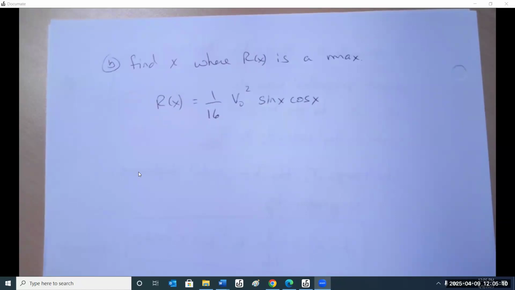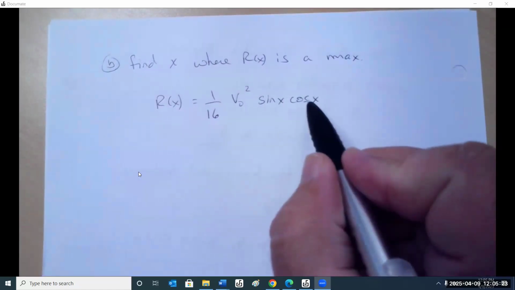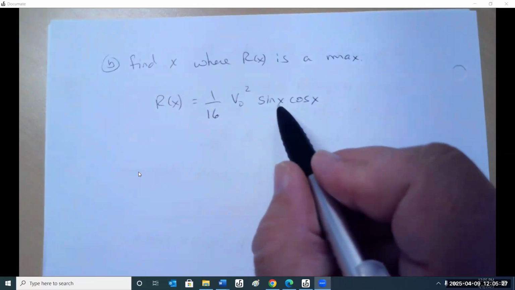What exactly do we have to find? To make this, if we make cosine 1, what happens to sine?